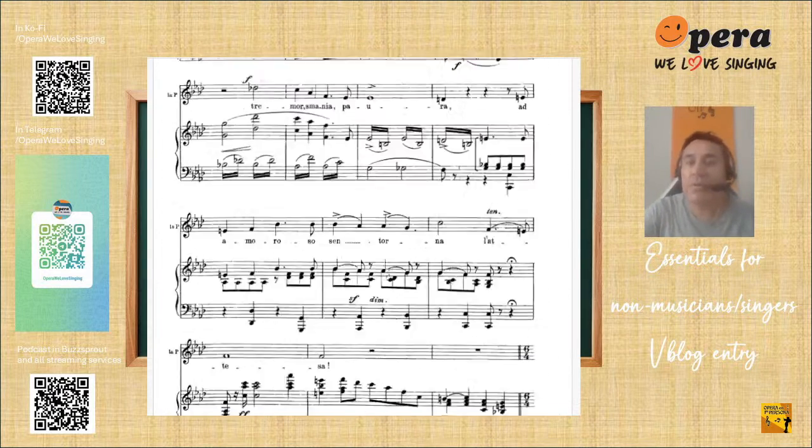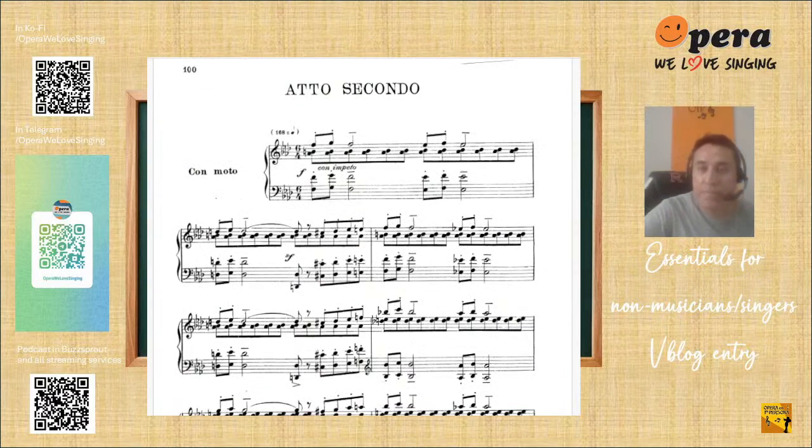We are going to use the absolutely immense Acerba voluta from Adriana Lecouvreur in Maestro Cilea's composition. And we are going to be using the recording of an excellent singer.